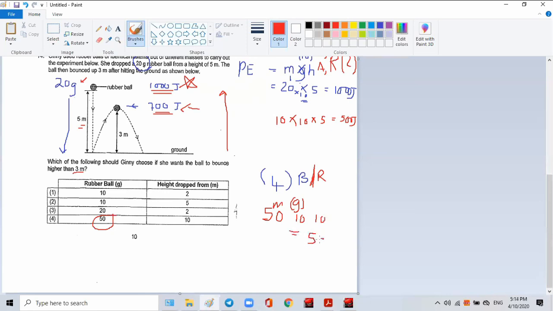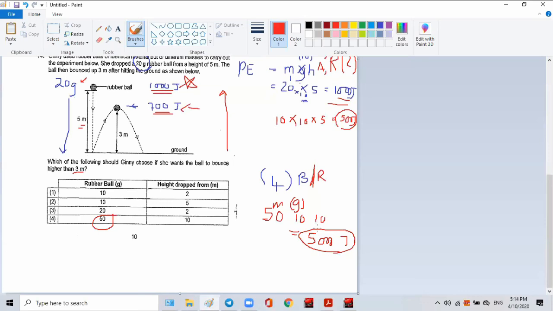You have 5,000 joules. Can you see now? All we need is to reach the 700. You may have lost a lot in sound, but you definitely have enough energy to make 500 joules. You may lose in sound, you may lose in anything, but it's going to make it in that sense. Can you see now?